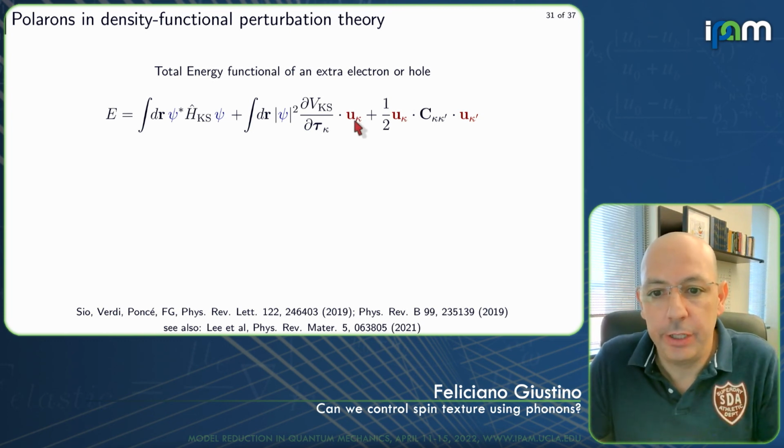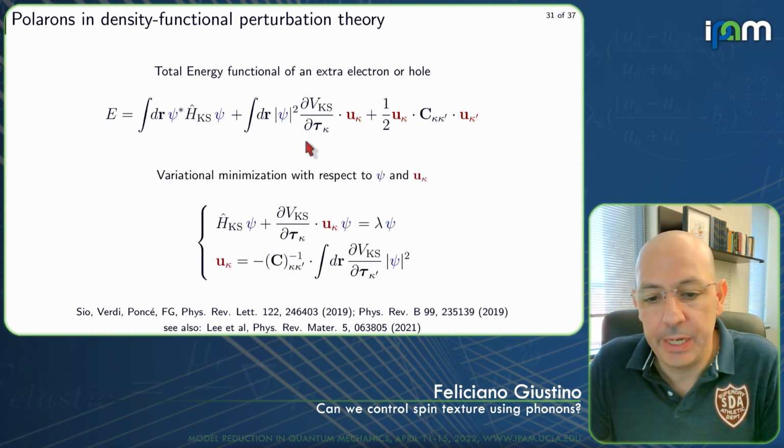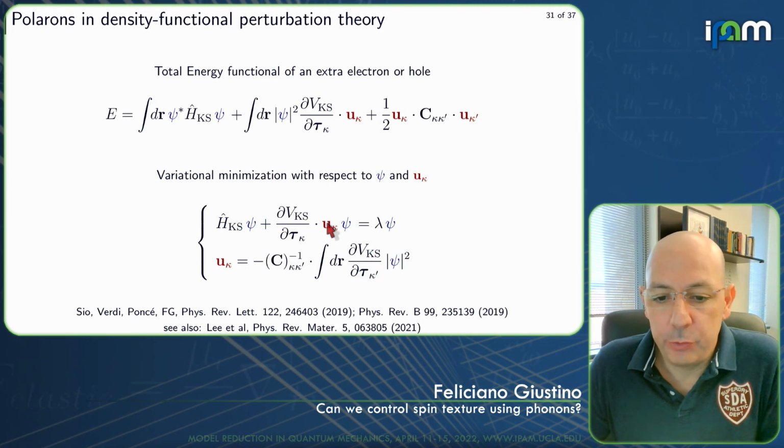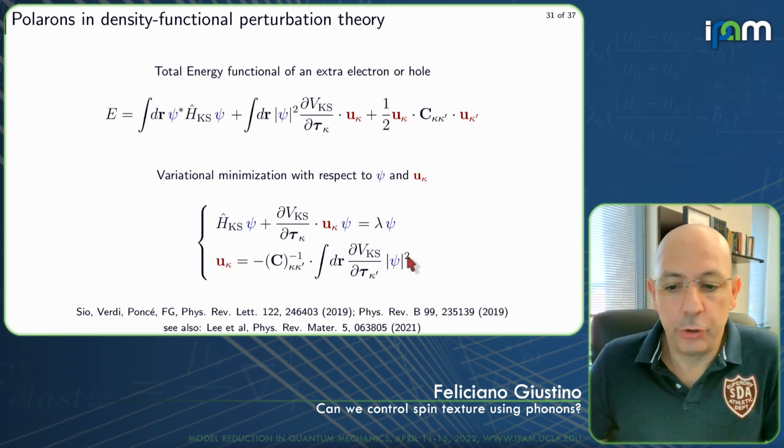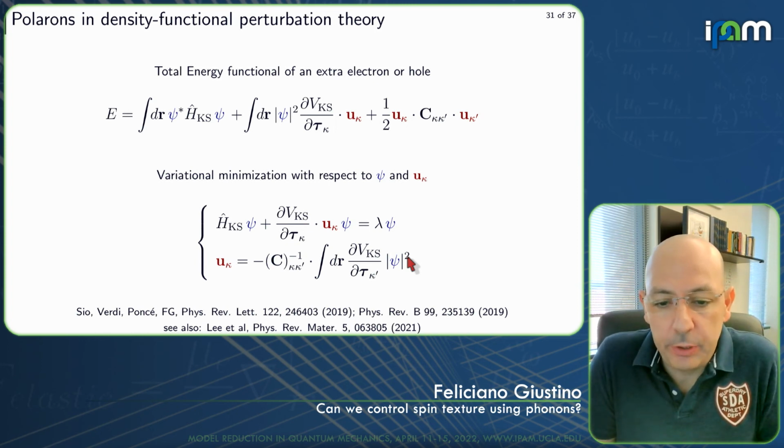When you have a functional, you want to look for an energy minimum, so you take a functional derivative, and this leads to a couple of equations where the first one looks a lot like a standard Kohn-Sham equation, except that there's an extra term that depends on the atomic displacement. And the second equation gives you the displacement in terms of the electron density. So this is something that one can solve in principle and try to see whether there are stable solutions that are localized, not delocalized.